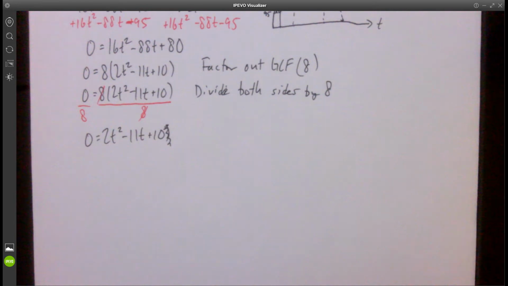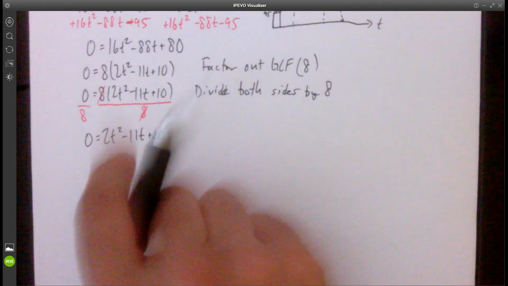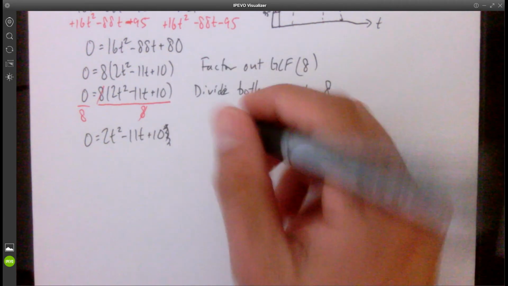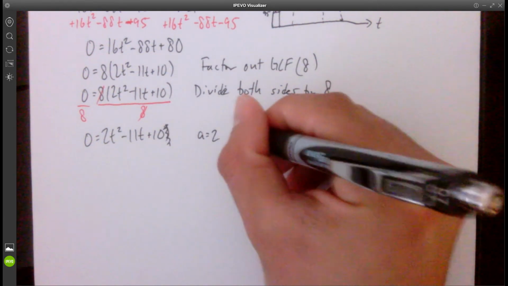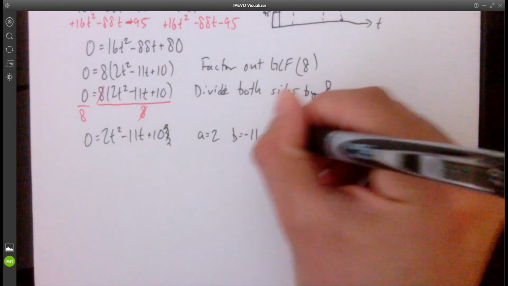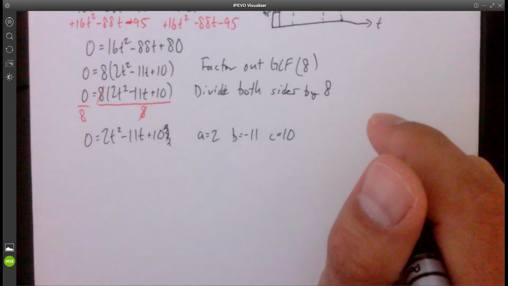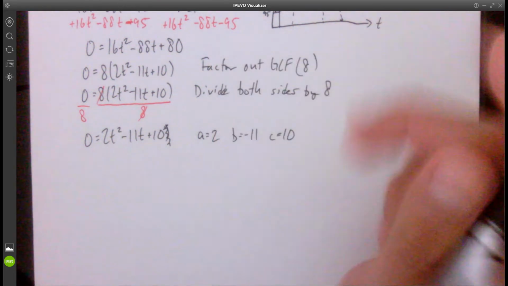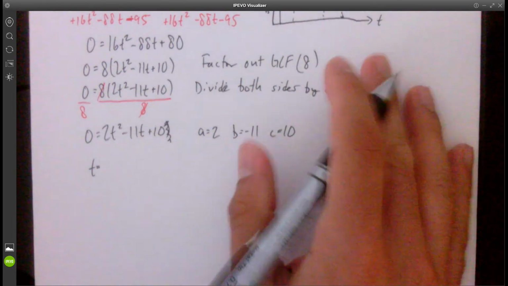So I'm going to use my quadratic formula. In this case, a is equal to 2, b is equal to negative 11, and c is equal to 10. I'm going to use the quadratic formula to solve for t. Normally we use x, but in this case we're trying to find the time.